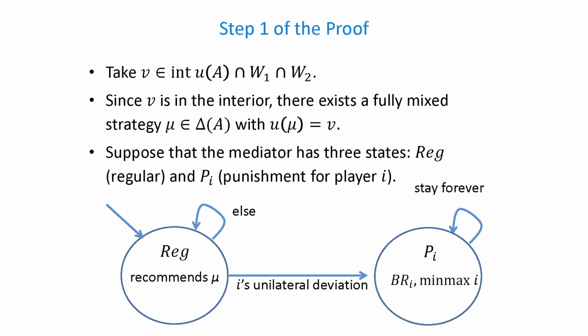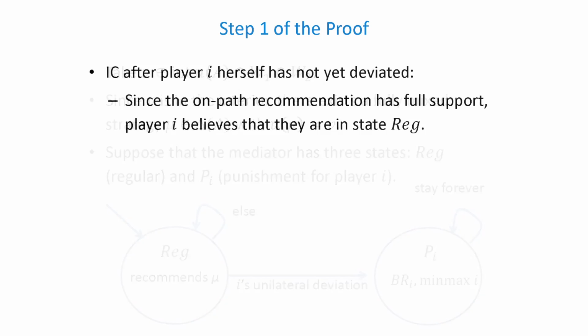Then the natural question is why such a thing is sequentially rational, because we are looking at sequential equilibrium. So incentive compatibility after player i herself has not yet deviated can be proven as follows.